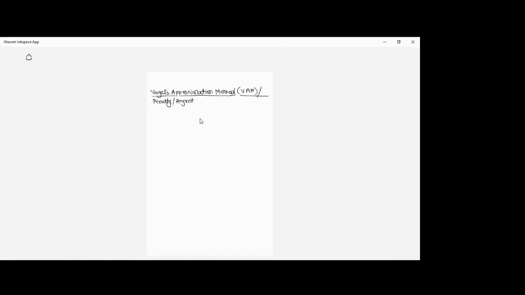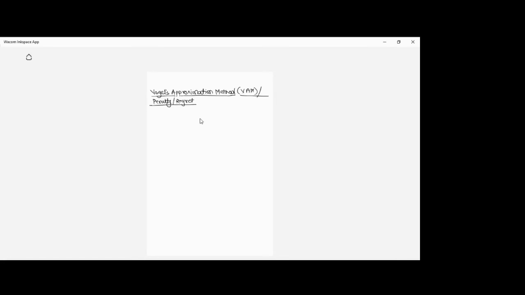In examination you may get a different name, and you shouldn't get confused that this isn't part of the syllabus or that this is an out of syllabus question. Vogel's approximation method, the short form is VAM. They may also call it the penalty or the regret method.